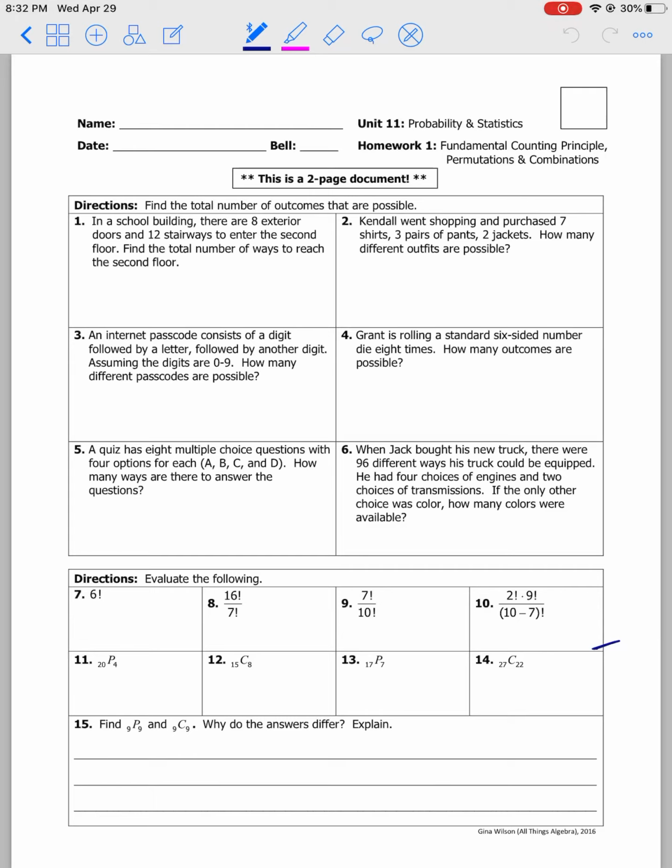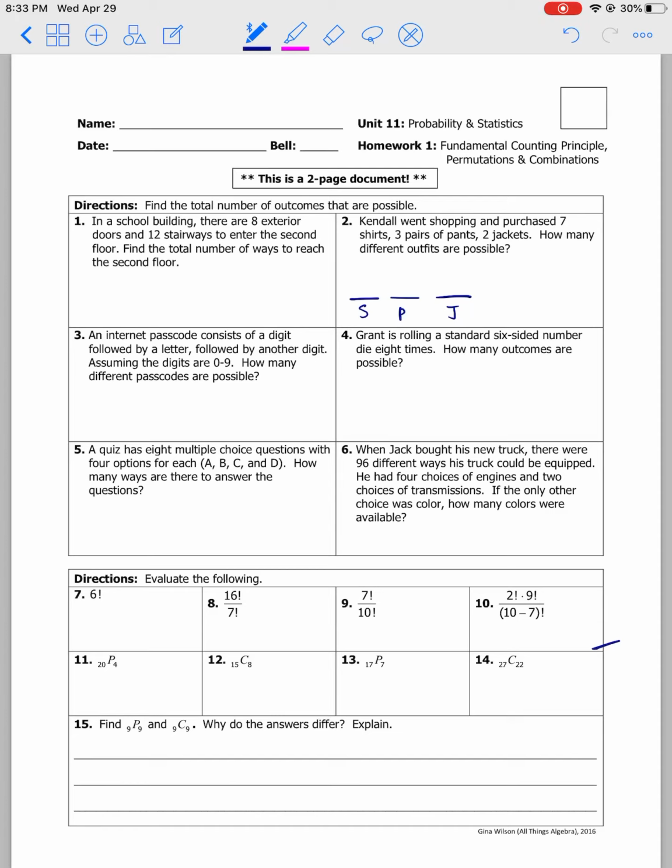A classic example is number 2, where you're picking an outfit. You're told that Kendall has 7 shirts, 3 pairs of pants, and 2 jackets. When picking out an outfit, you have to think about how many sub decisions you're making: 1, 2, 3. You have shirt, pants, and jackets.